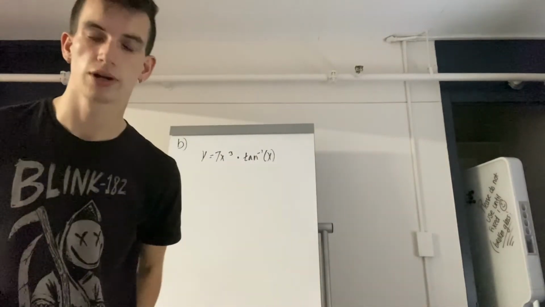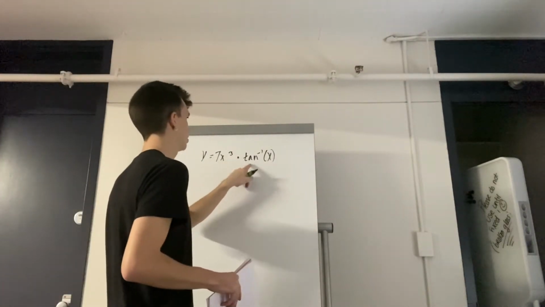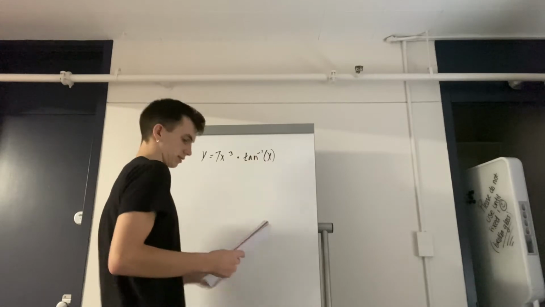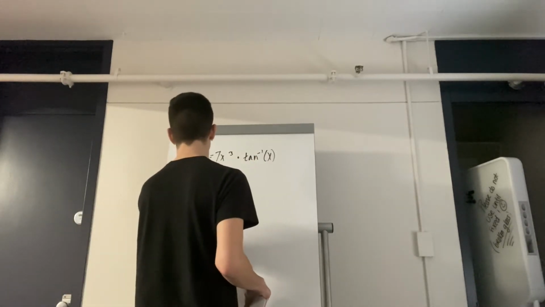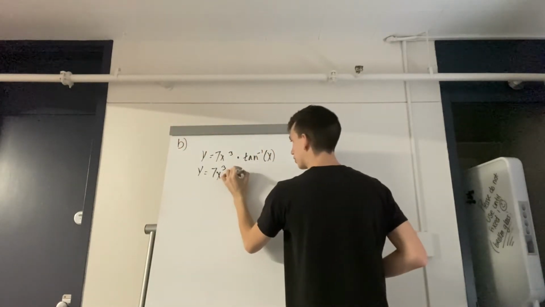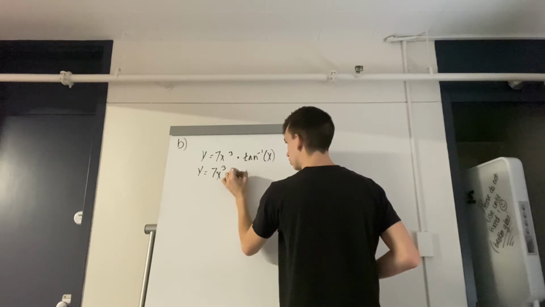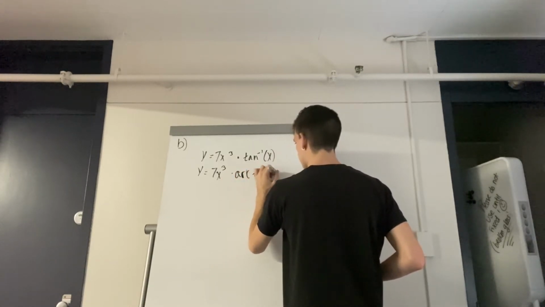For problem 1, part B, we are given the function y equals 7x cubed times tangent to the negative first power x. We will start by rewriting this as y equals 7x cubed times arc tan x.